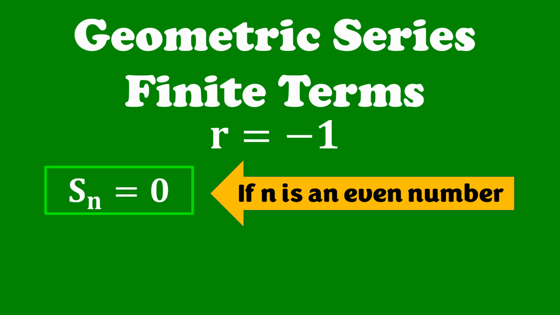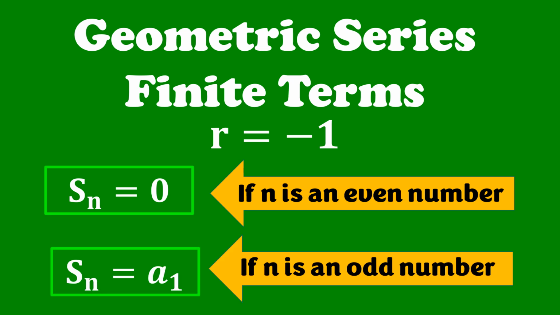But if the value of n is an odd number, we will use the formula S sub n is equal to a sub 1. So I will repeat. We will use the formula S sub n equals 0 if n is an even number. But if n is an odd number, we will use the formula S sub n is equal to a sub 1.